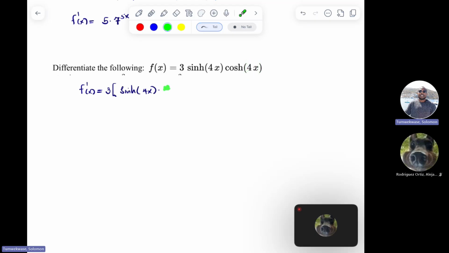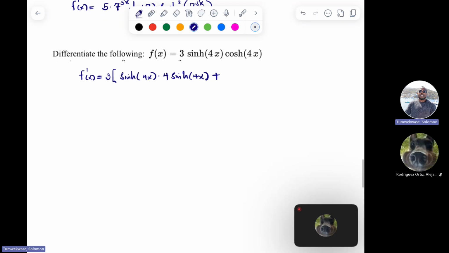So this will be 4 sine hyperbolic of 4x. Then plus, by product rule, hold cosine hyperbolic of 4x times the derivative of sine hyperbolic of 4x, which is 4 cosine hyperbolic of 4x.